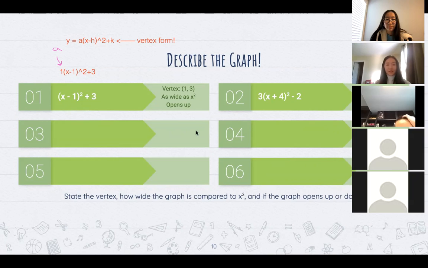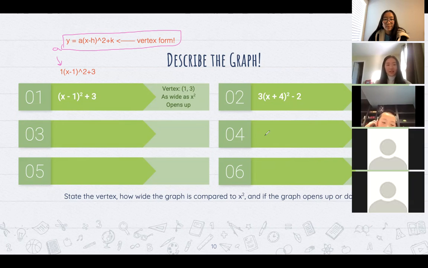So let's first figure out the vertex. Look at the top left, Yolanda wrote the vertex form for us. So the vertex is H, K. What is a vertex? This one's a little bit tricky. Tell me what K is.